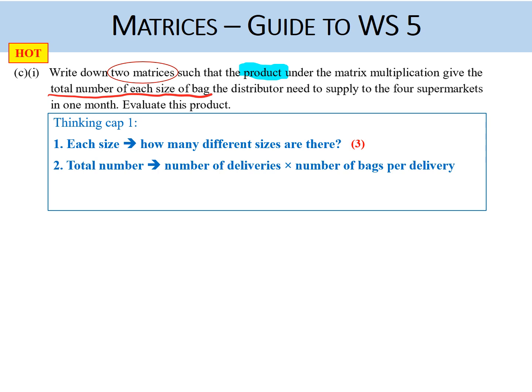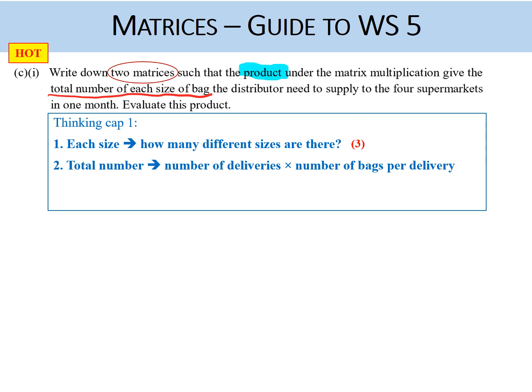And if you look at the table again, let's take a look at all the 4 supermarkets. The number of deliveries in 1 month is given in a column. So at this point, I will need you to check the order. Is it necessary for me to give my matrix in terms of column, as given in this question?